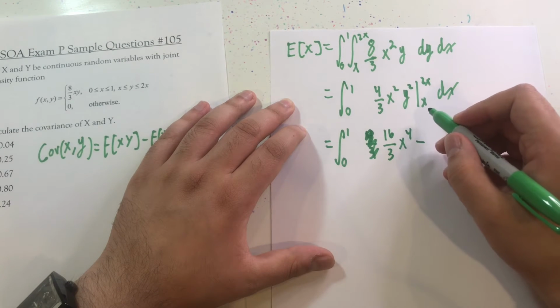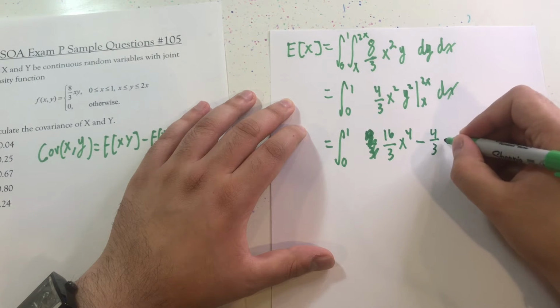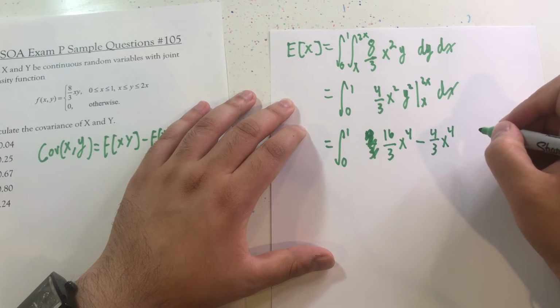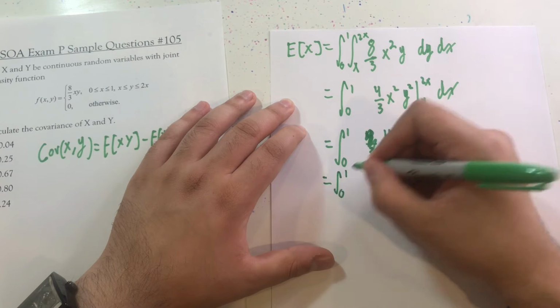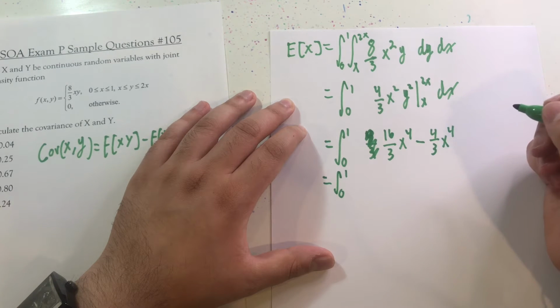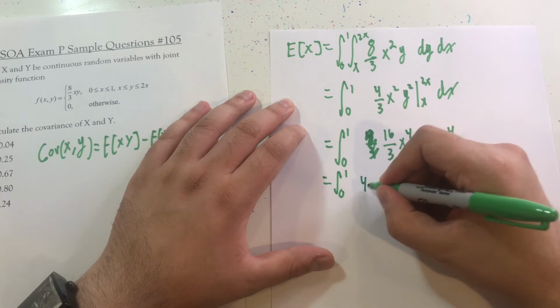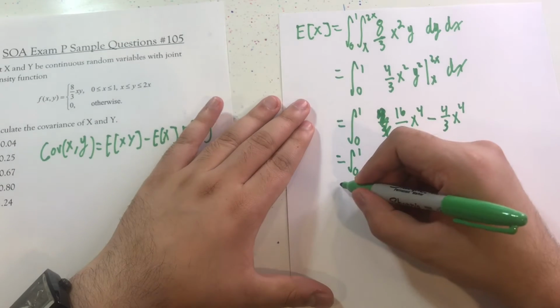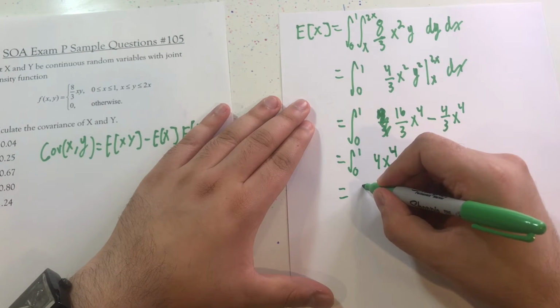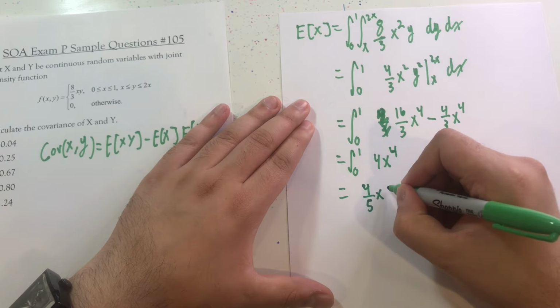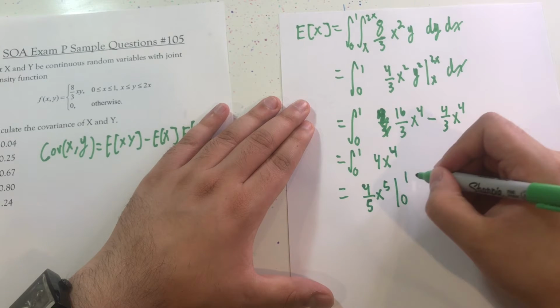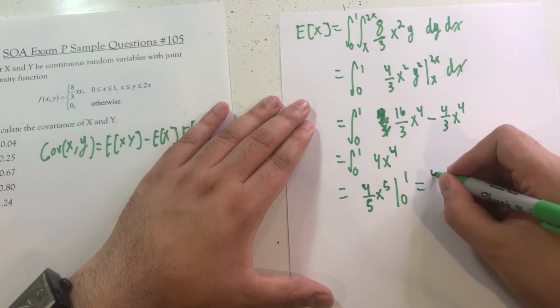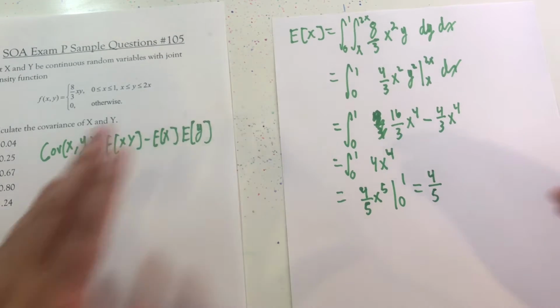And then this simply becomes minus 4 over 3 x to the 4th, which gets us integrating 0 to 1, 12 over 3, which is simply just 4 x to the 4th. Great. Now, integrating this shouldn't be too difficult. This is going to be 4 over 5 x to the 5th from 0 to 1, which, obviously, is 4 over 5. Great, so we found one of our components.